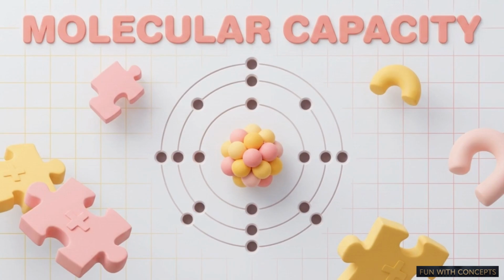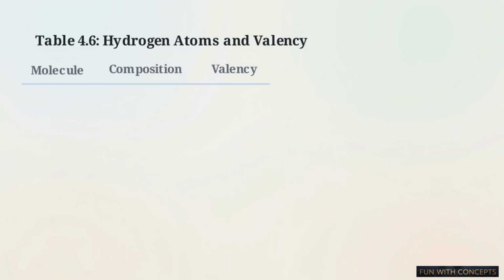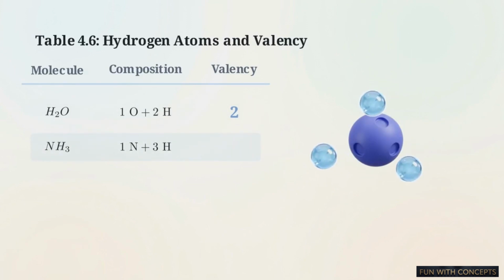Throughout these examples, we have used valency to determine how atoms combine. By definition, valency is the combining power of a specific element. This diagram shows how we practically measure that power. We calculate an element's valency by tracking exactly how many hydrogen atoms it will combine with. Look at the structural composition of water. 2 hydrogen atoms snap to 1 oxygen atom, meaning oxygen has a valency of 2.